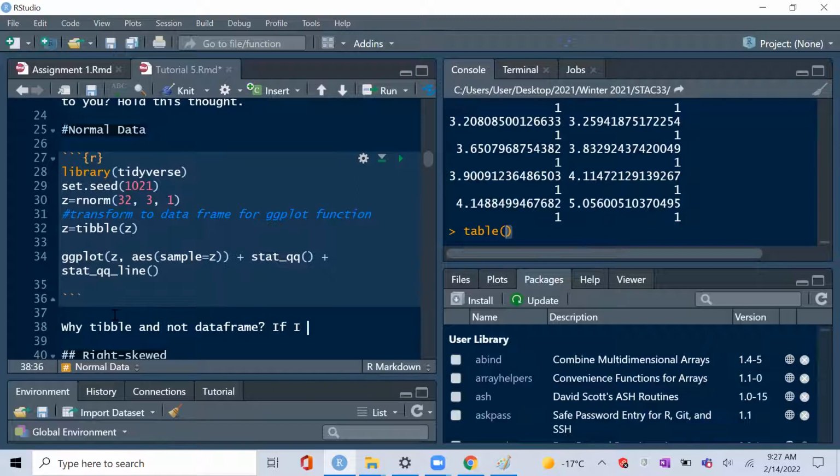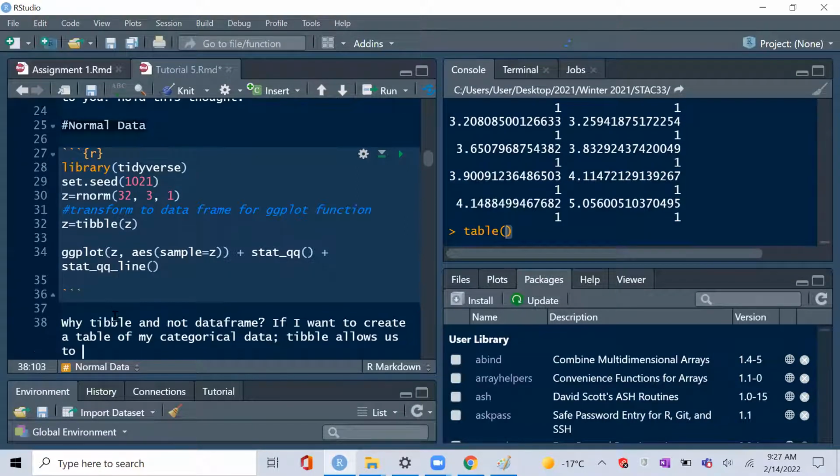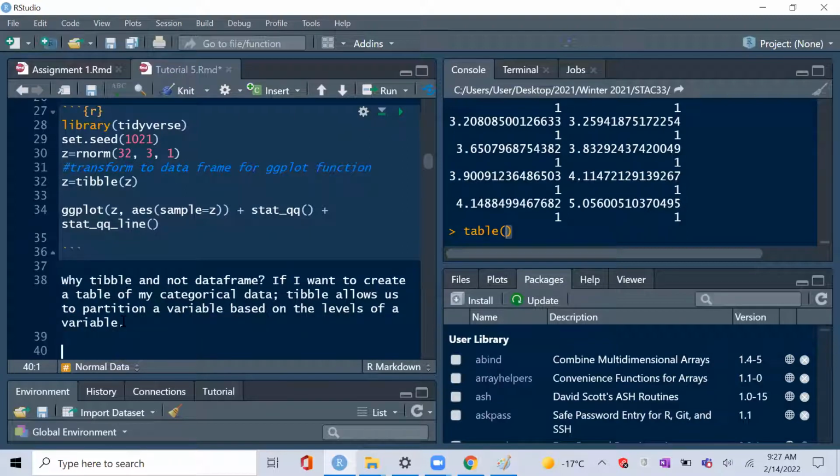Let's say I want to create a table of my categorical data. Tibble allows us to partition a variable based on the levels of a variable. So for instance, let's suppose your tibble was a 2 by 32.